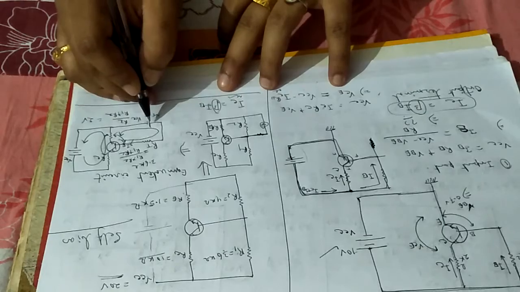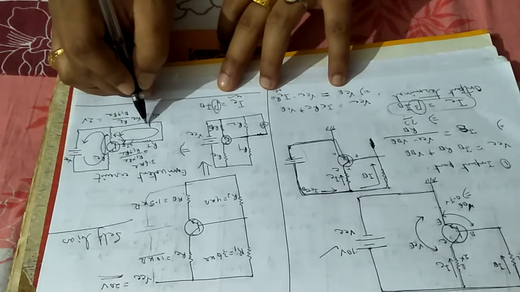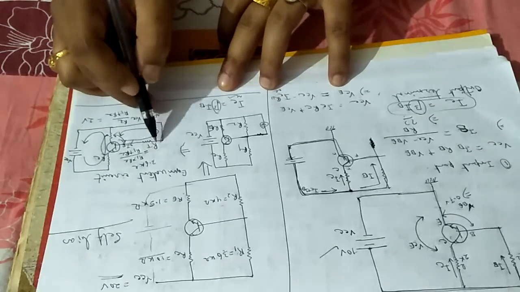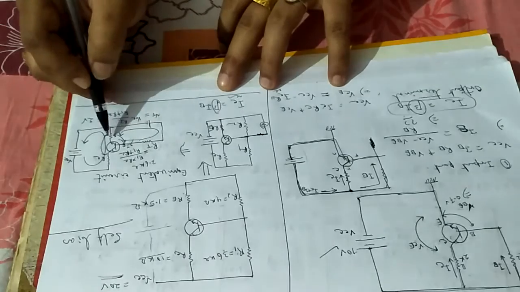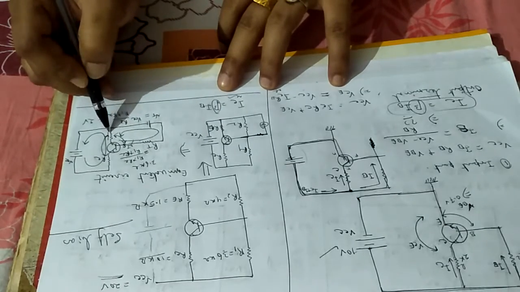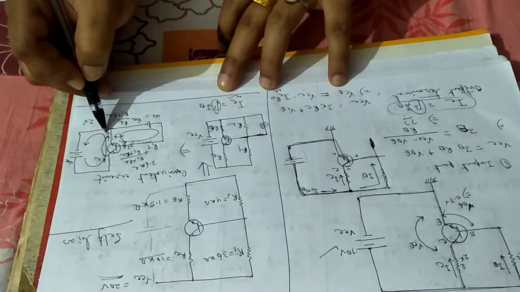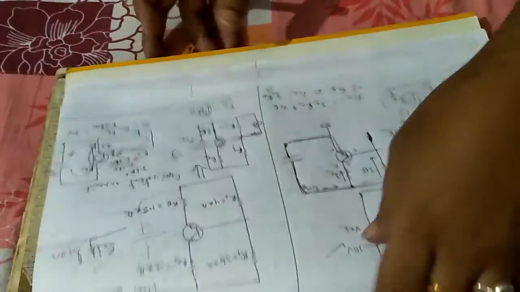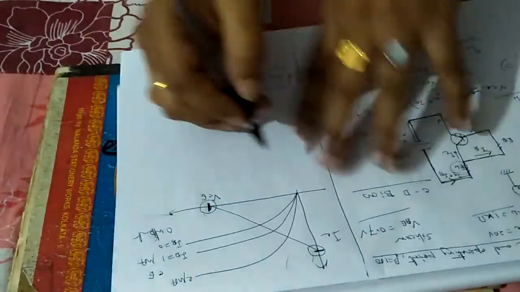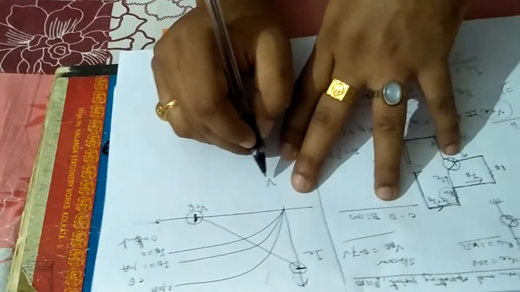Let me write it first for you. VT will be equal to RT into IB plus IE into RE. Through this line, the current will be flowing, IE into RE. So you have to know the calculation. That is, the value will be like that.